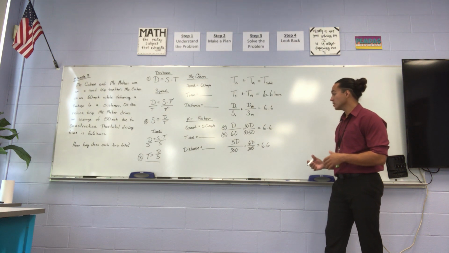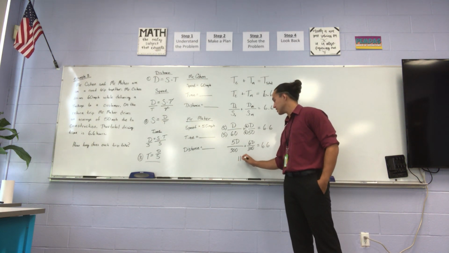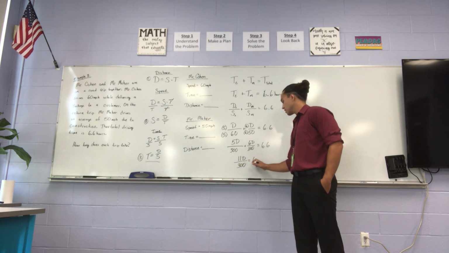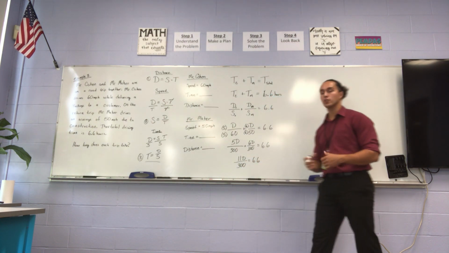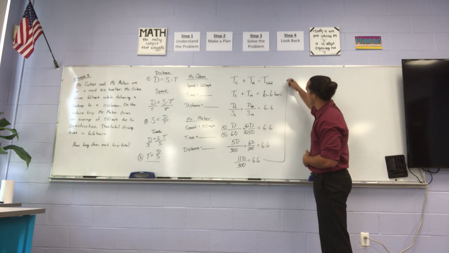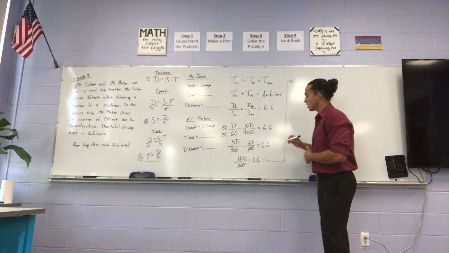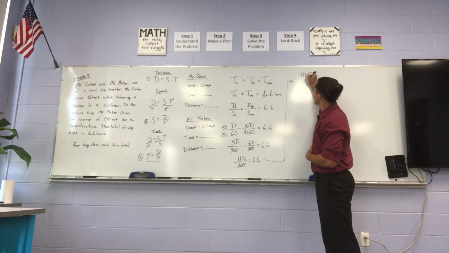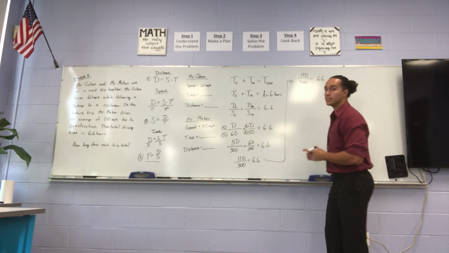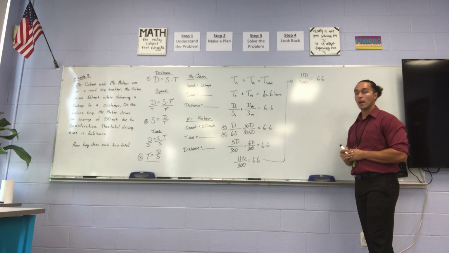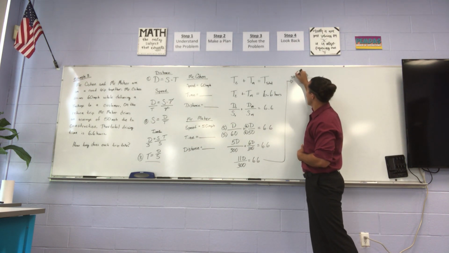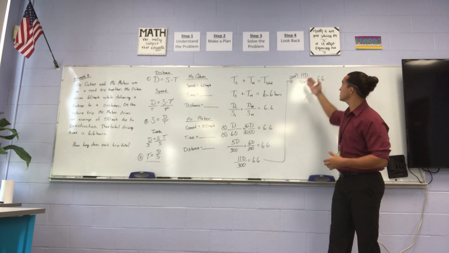Using a little bit of algebra, we can conclude that 11d over 300 equals 6.6. We just combine our terms. Once we have that, we can start to eliminate some of our coefficients on the left side.